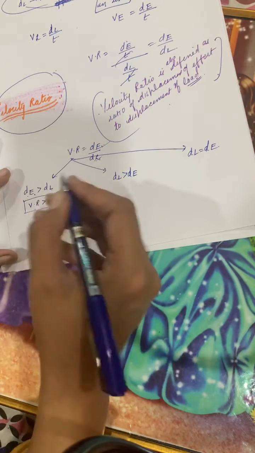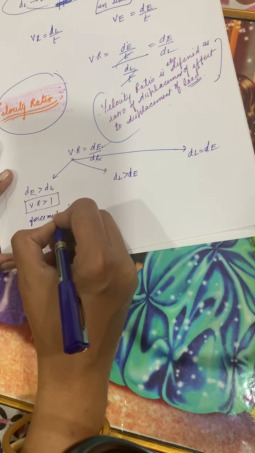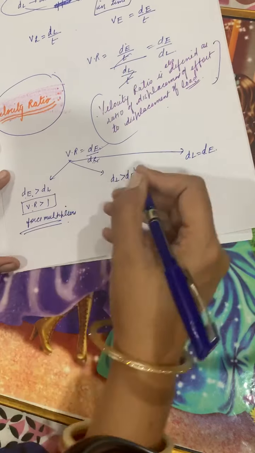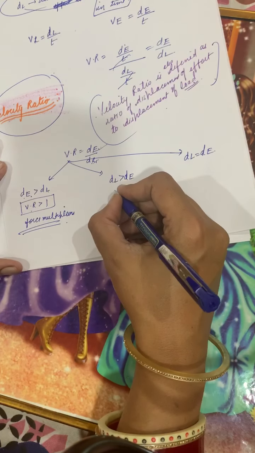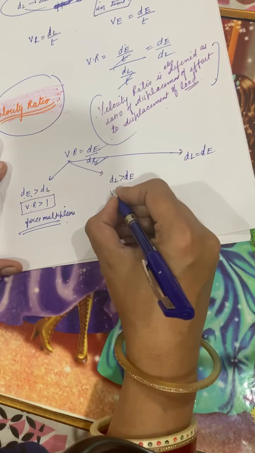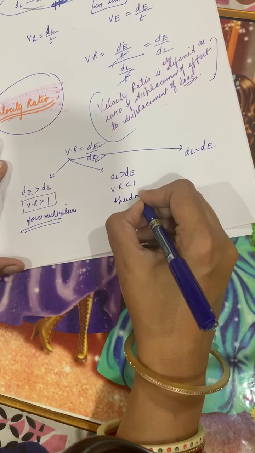Then these machines will act as force multipliers. Here also, if the denominator is more, then I will get it less than 1. These machines act as speed multipliers.